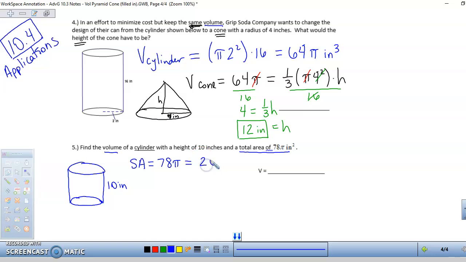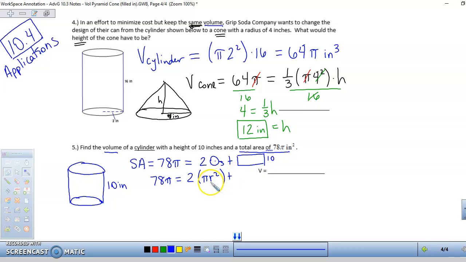I have 2 circles, and then I'm going to have that lateral rectangle when you open it up. So that I can work with, right? So 78 pi, and then I'm going to have 2 pi r squareds, because I don't know the radius. And then there's going to be 10 there, and then this is going to be diameter times pi.